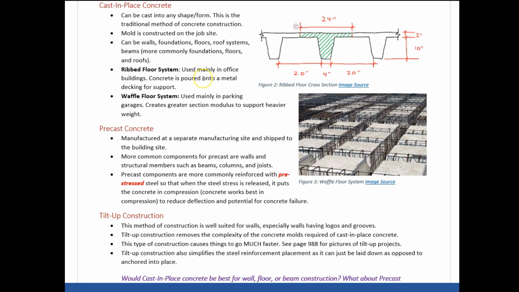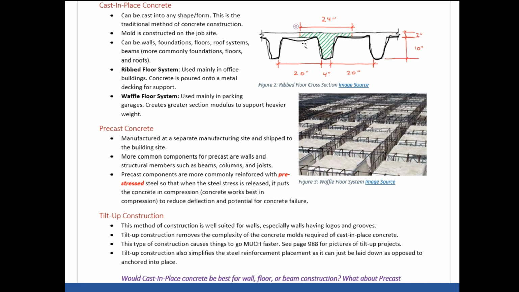To focus on floor systems for a bit, there's two types. Ribbed floor system, which incorporates a metal decking, which would be right on the bottom of the concrete floor shape to provide a good structure and strength for the concrete floor, and to increase the section modulus of the concrete floor.